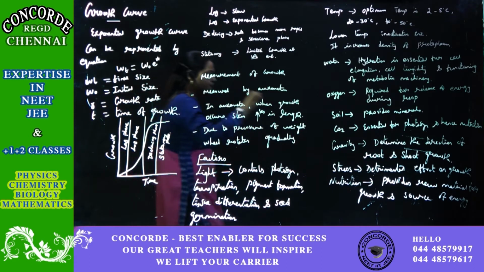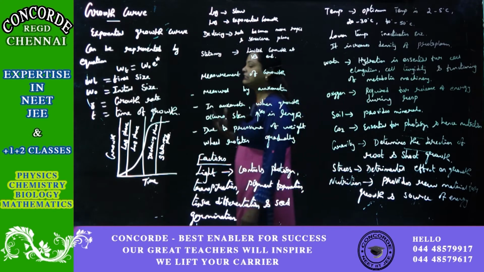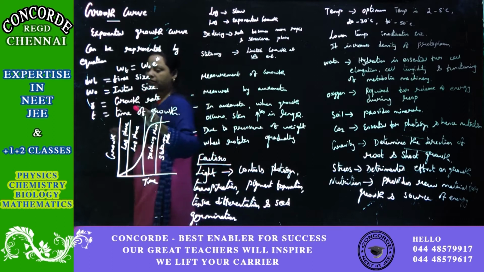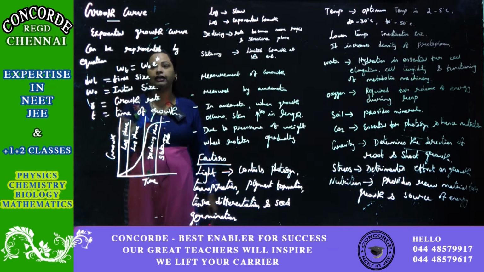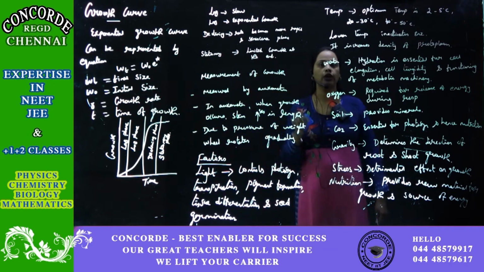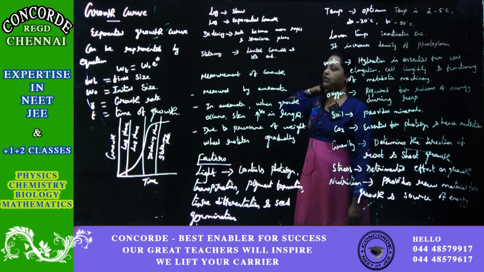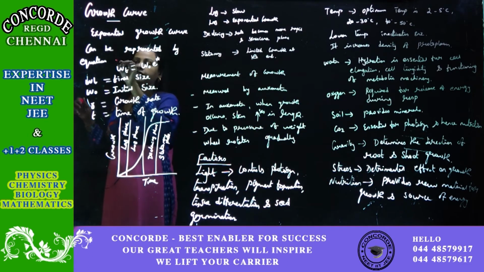The moment the growth curve starts, that's what we call the initial size. r represents the growth rate and t represents the time of growth. So how much time is required for the growth to take place represents the time of growth. For that representation, this equation is required for the growth curve.